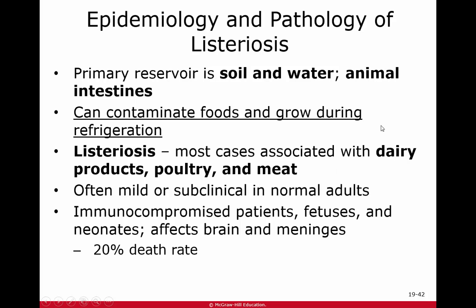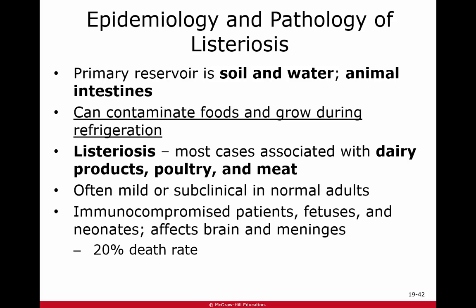What is the epidemiology and pathogenesis of listeriosis, which is the condition caused by Listeria? We find Listeria in soil, water, and animal intestines, and it can contaminate food, and it can grow even during refrigeration. Remember, refrigeration typically will slow down the growth process.